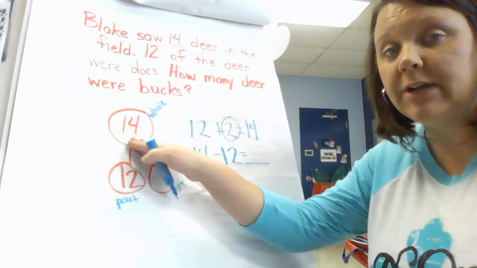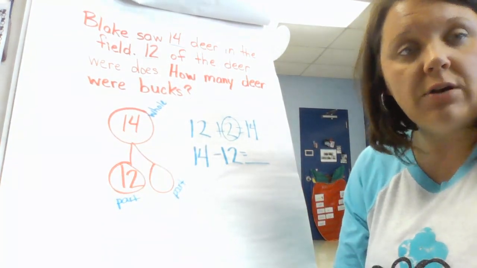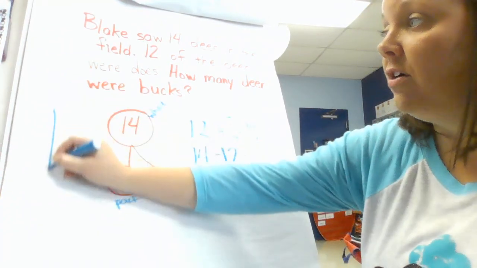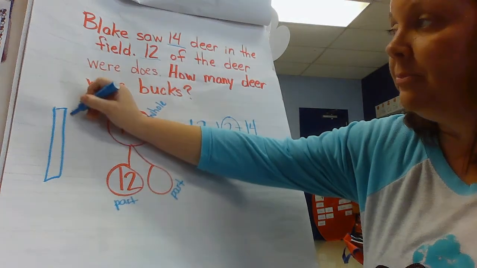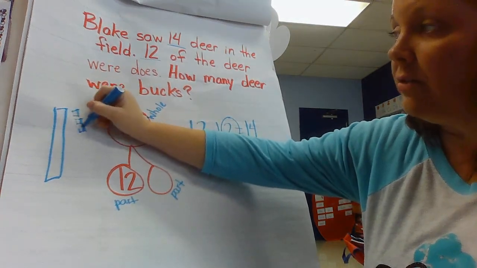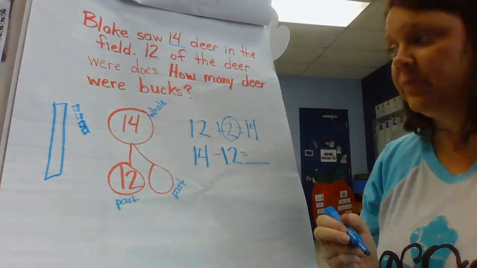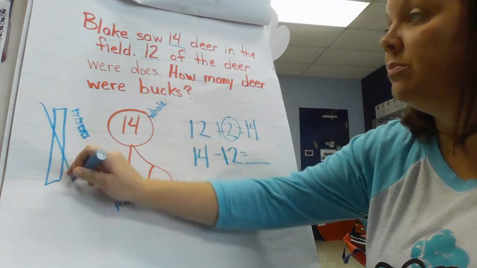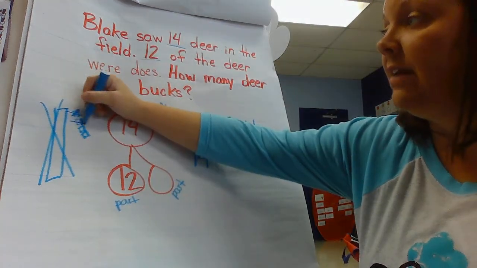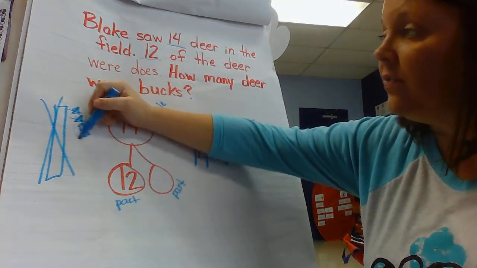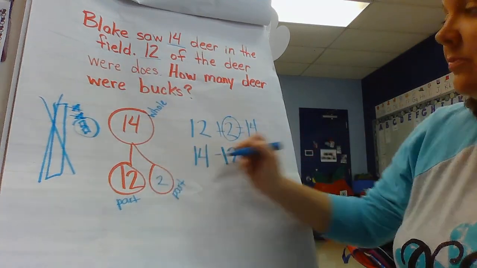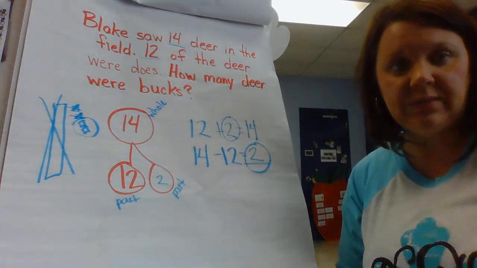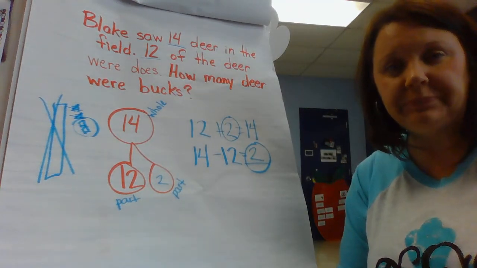Well, since this number is 14, and we've been talking about teen numbers, numbers in the teens with 2-digit numbers, to solve this, you could draw 10, 11, 12, 13, 14. You could take away the part that we knew. So you would mark out 10, 11, 12. The part that's left would be your missing part. The part is 2. I hope you guys worked that with me.